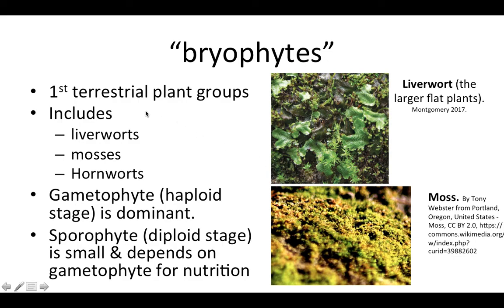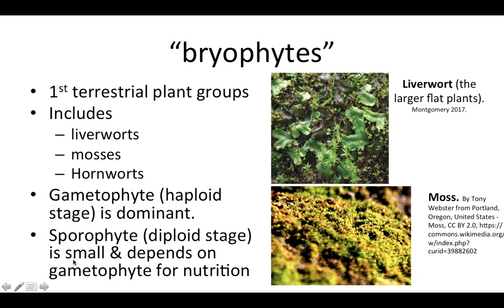So we've already said that the bryophytes were the first terrestrial plants, including liverworts, mosses, and hornworts. It's true that they will have both a gametophyte and a sporophyte, but unlike all other terrestrial plants, in the bryophytes, the haploid stage, in other words, the gametophyte, is the dominant stage.